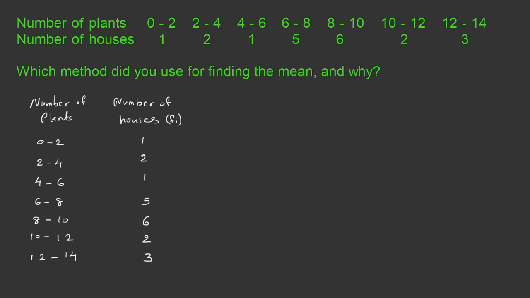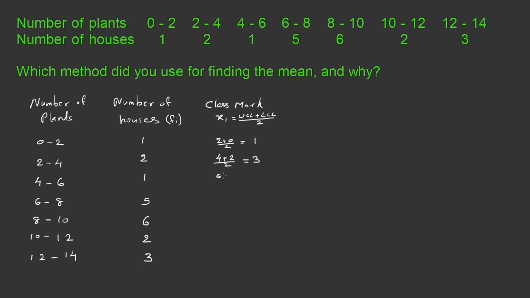Next step is to calculate the class mark, which is Xi. I know class mark is equal to upper class limit plus lower class limit divided by 2. So for first group, 2 plus 0 divided by 2 is equal to 1. For second, 4 plus 2 divided by 2 is equal to 3.